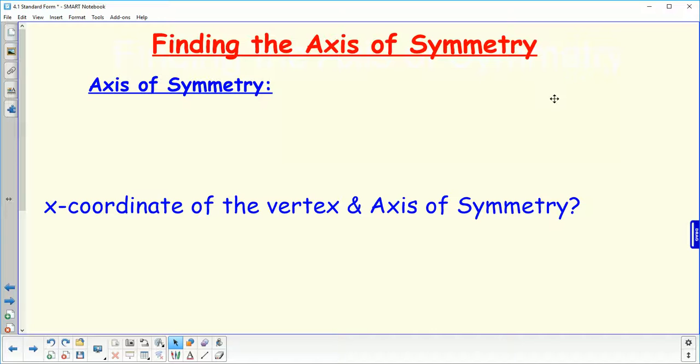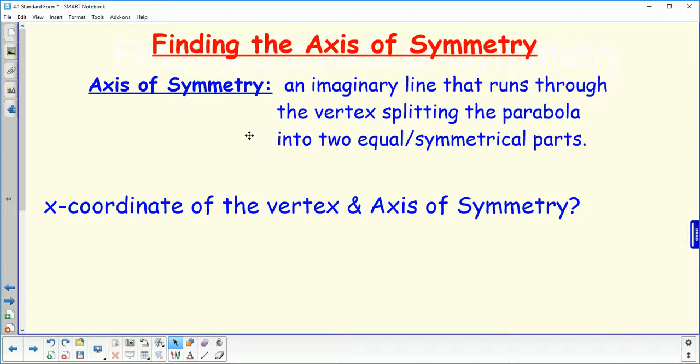The other thing we're going to find is what is called our axis of symmetry. This is just an imaginary line that runs vertically through the vertex, which is an important piece, splitting the parabola into two equal and symmetrical parts, hence the term axis of symmetry. The x-coordinate of the vertex, we already talked about how to find that.